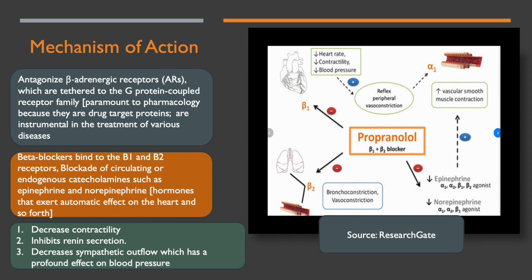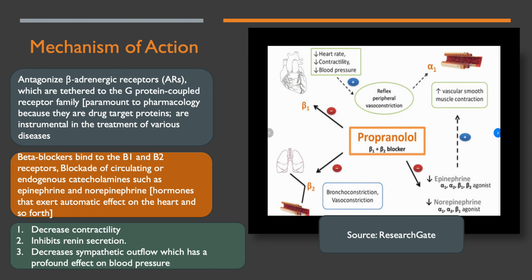The main actions of beta blockers are that they decrease contractility, they inhibit renin secretion, and they also decrease sympathetic outflow, which has a profound effect on blood pressure. The diagram illustrated just gives a brief overview of the mechanism of action for propranolol.